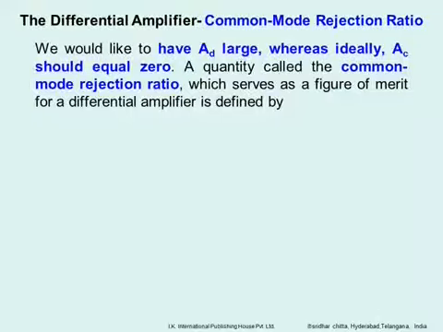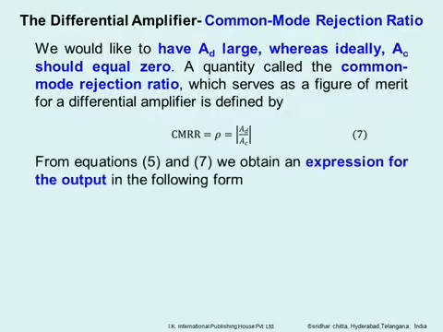We would like to have the differential mode gain AD large, whereas ideally the common mode gain AC should equal 0. A quantity called the common mode rejection ratio, which serves as a figure of merit for a differential amplifier, is defined by CMRR equal to ρ is equal to the absolute value of AD over AC.